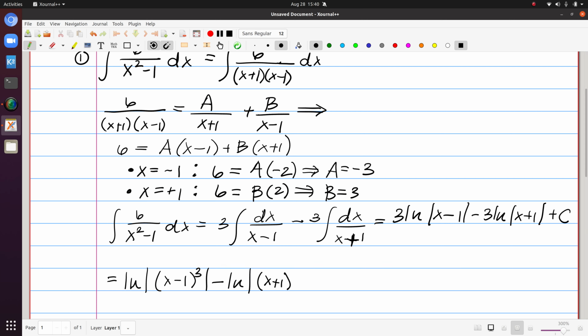And then the other thing we could do is recognize that we have the difference of 2 logs, and we could write this as a single log expression if we turned this into a quotient here. So this is another correct way we could write this answer.